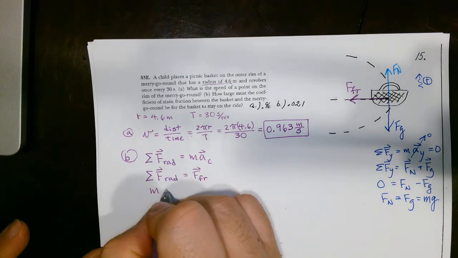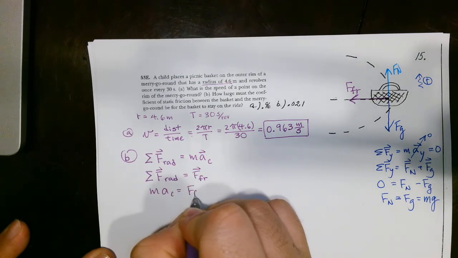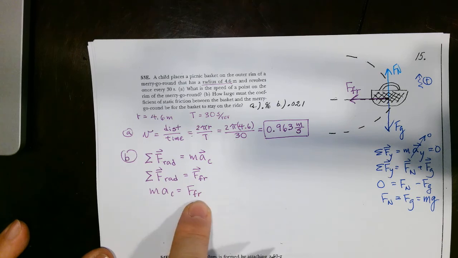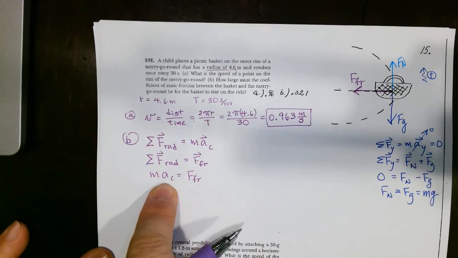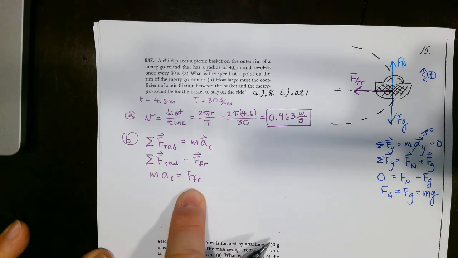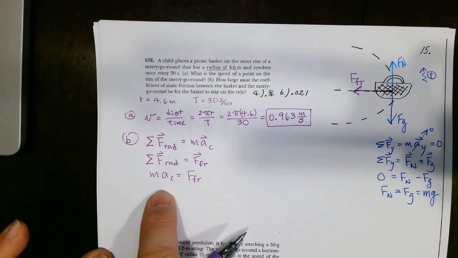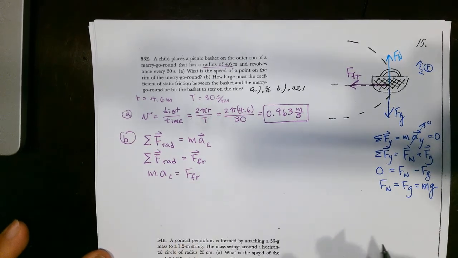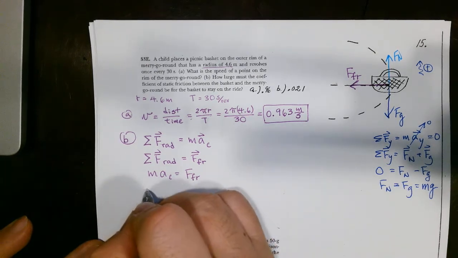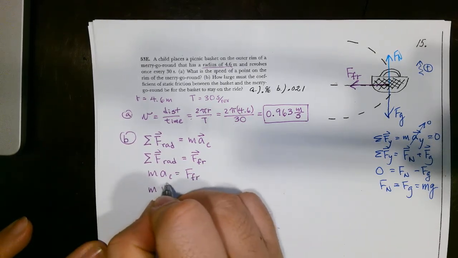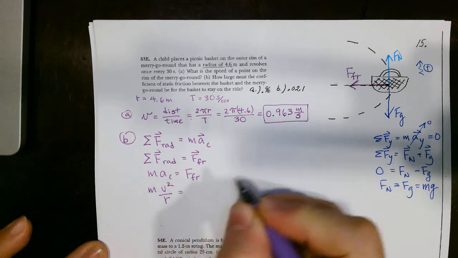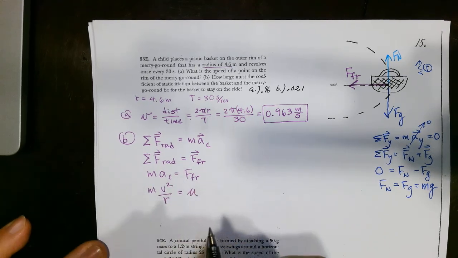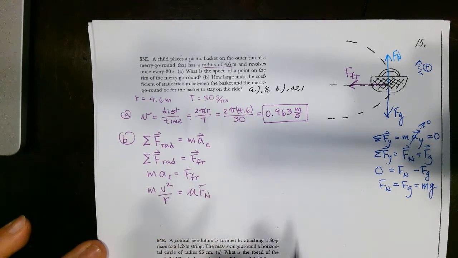So m a_c is equal to friction, and they are both positive because a_c, we're always going to consider the direction of a_c to be positive. So since friction is acting in the same direction as a_c, friction in this case is positive. All right. Therefore, m v squared over r is equal to mu times F normal.